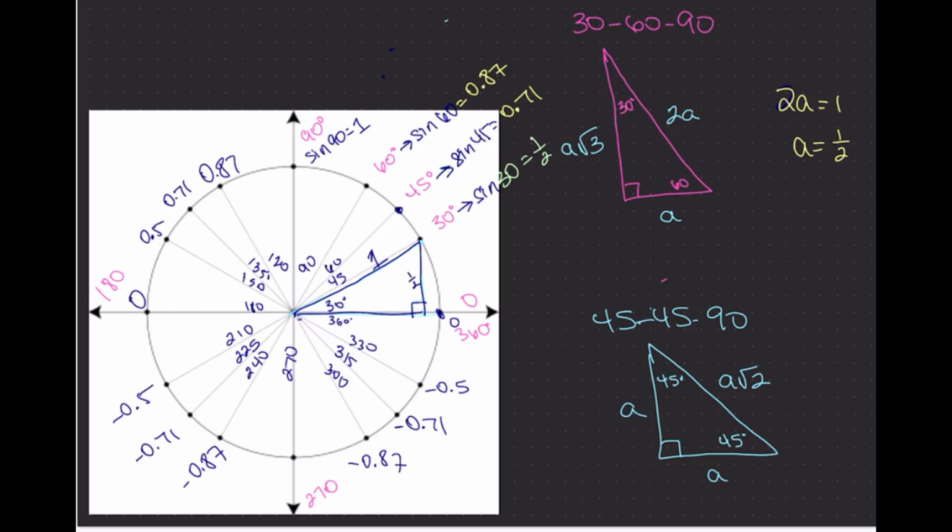But let's think about our y values. What's happening? So our y values are starting at, where are they? What's our y value right here? 0. And what happens to our y value until we get up to 90 degrees? It's going up, right, until it gets to 1. And then what happens from 90 degrees to 180 degrees? It goes down.